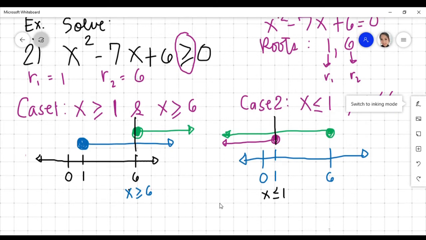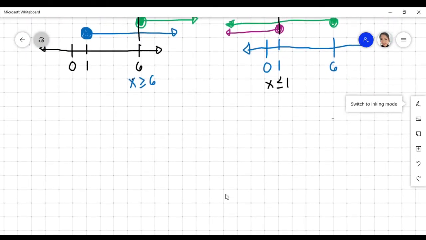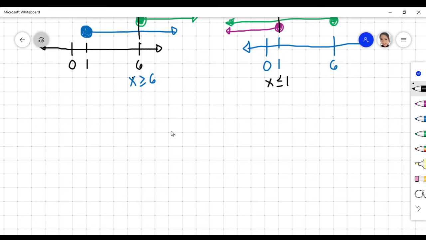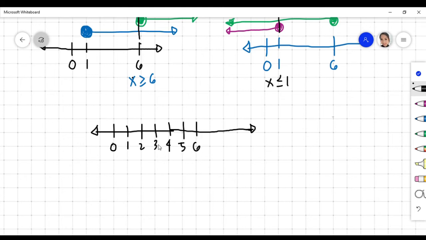So let's graph the two intersections on one number line. Graphing them on one number line, we can put 0 here, 1, 2, 3, 4, 5, 6. It's up to you if you will write all the numbers here.